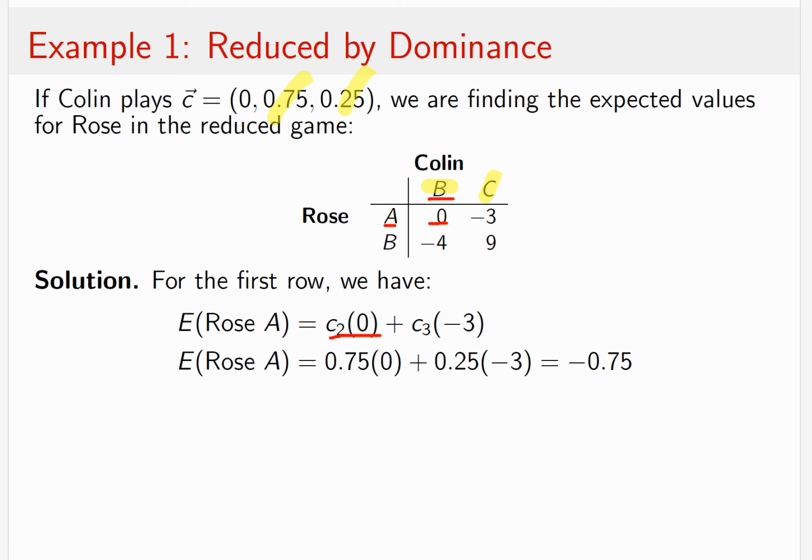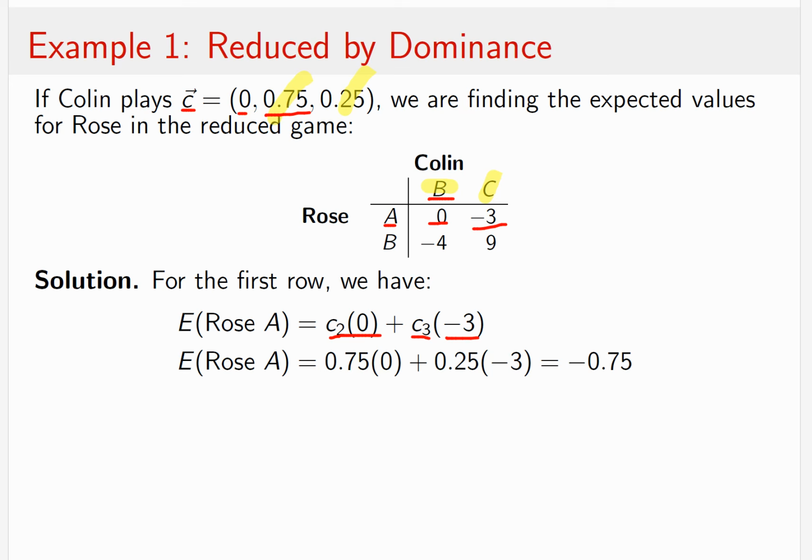In other words, C is a vector, C1 is the first component, C2 the second, and so forth. So C2 times the outcome of 0, plus C3 times the outcome of -3. That's the expected value formula. I just take the outcomes times the proportion of time Colin plays that particular column.